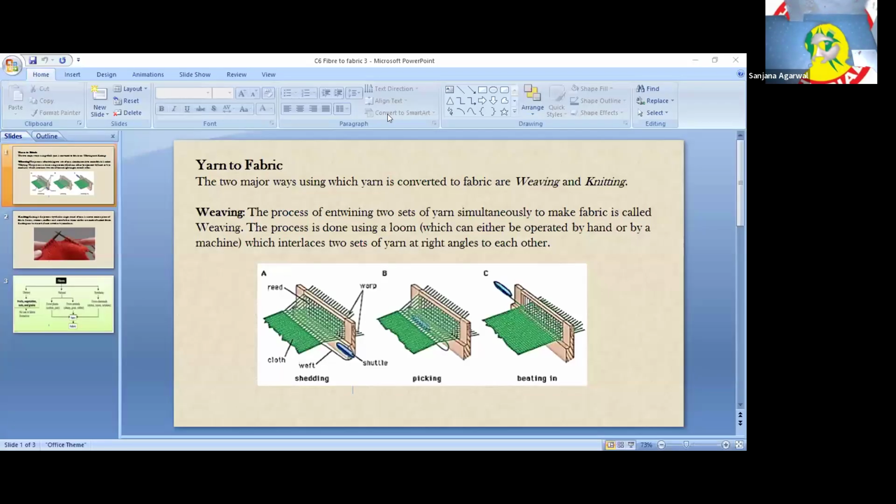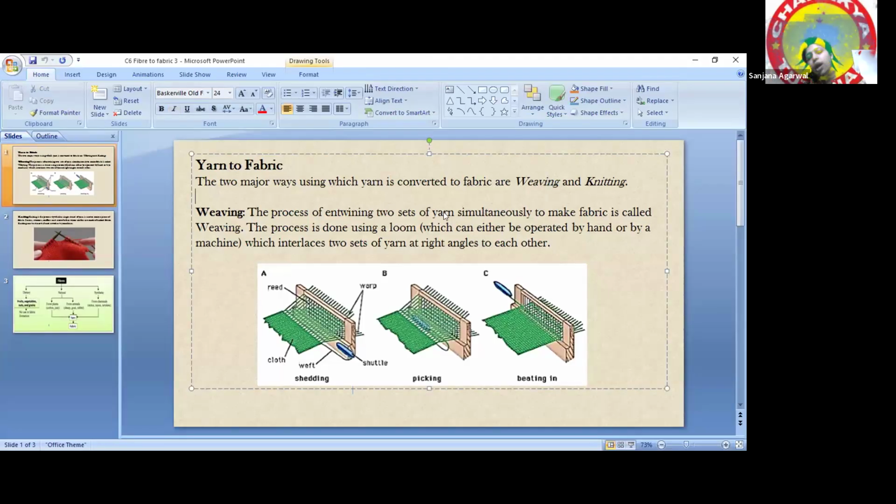Now, yarn to fabric. The two major ways in which yarn is converted to fabric are weaving and knitting. Now we are looking at how we can convert yarn finally to fabric, to get our desired shape. So we have the first process as weaving. Look carefully. Can you see the two sets of yarns here?